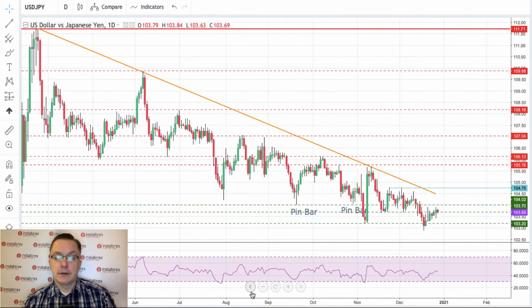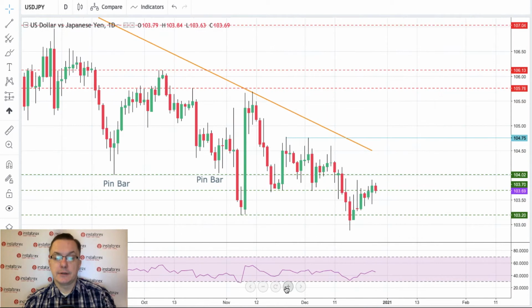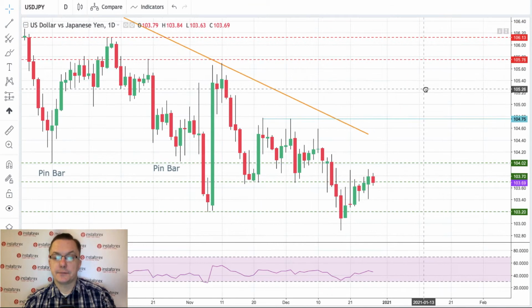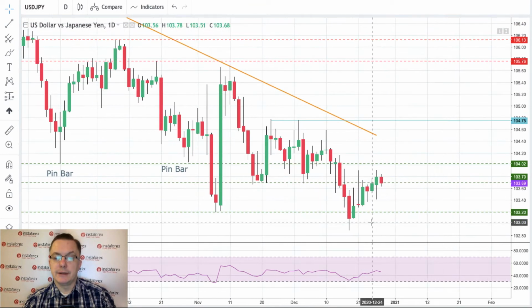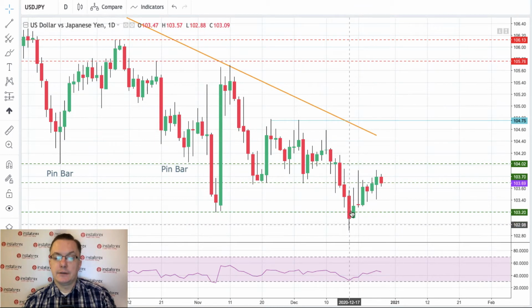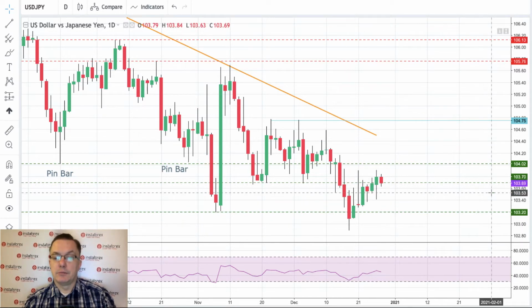If we take a look a little bit closer on the current situation on the USD to Japanese yen, we can see that the market is slowly bouncing from the oversold conditions, and recently we broke above 103.69 level.